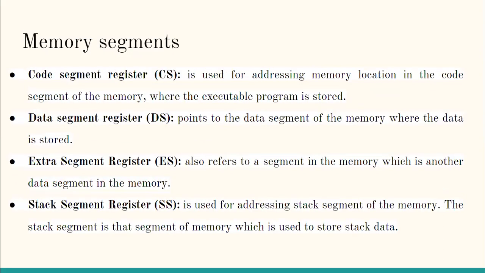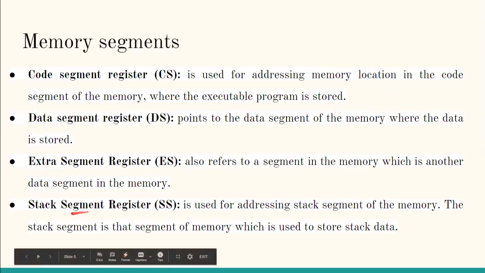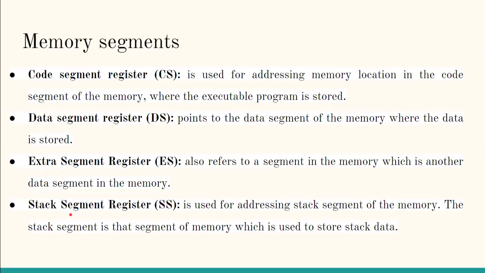Now, what are the different memory segments in 8086? We have defined 4 segments. The first is the code segment, then the data segment, then the extra segment, and the stack segment. They are very well defined by their names. The code segment is the part of memory which stores the executable program.